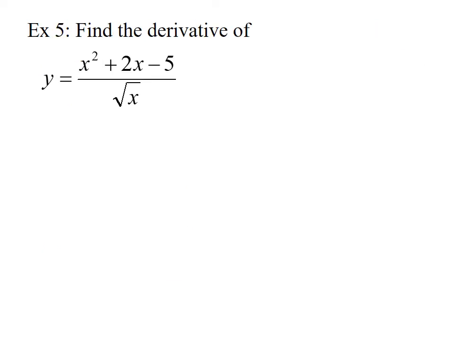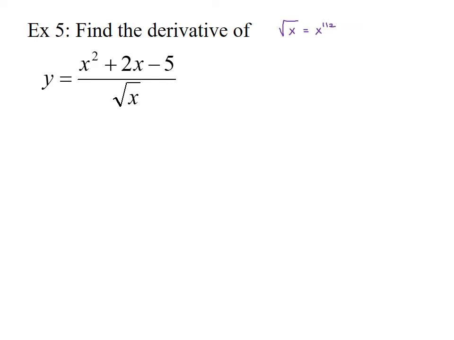All right. Now we get into, like I said, every problem will show you a little bit different idea every time. So what I want to see here is what is the derivative of x squared plus 2x minus 5 over the square root of x? Well, first thing to remember is that when you have a square root of x, remember from algebra that that is the same thing as x raised to the 1/2 power.